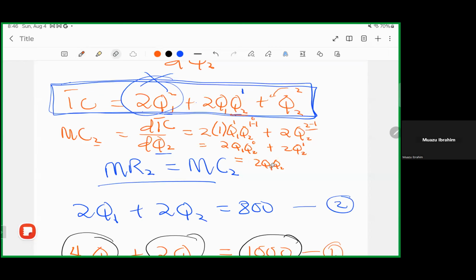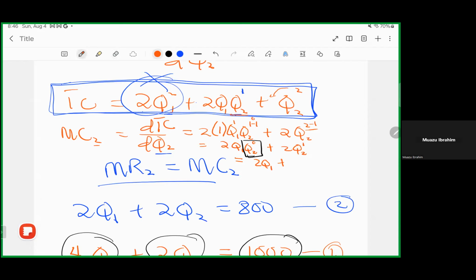So this Q2 raised to the power 0 will become 1, so this whole thing will become 1, and we will not have Q2 here again. Any number times 1 is that number.